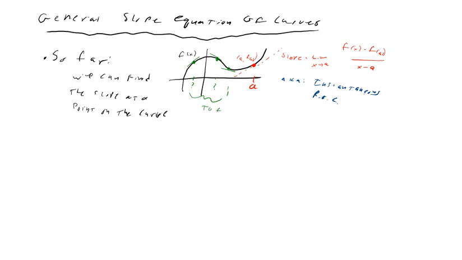To find these, we have to redo the calculation, and that's really annoying. Over and over again, redo the calculation.